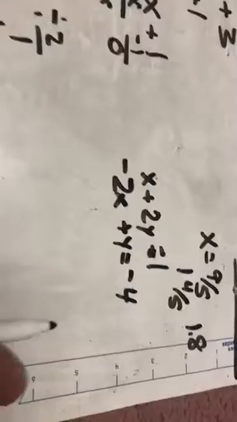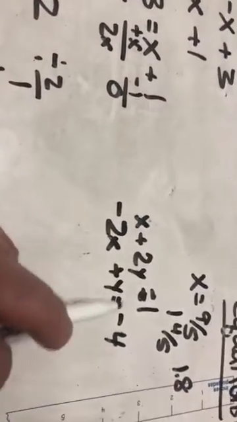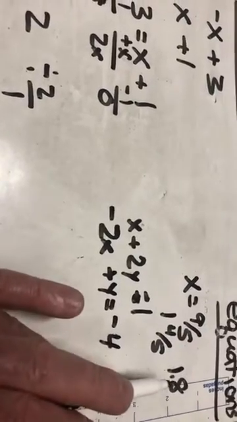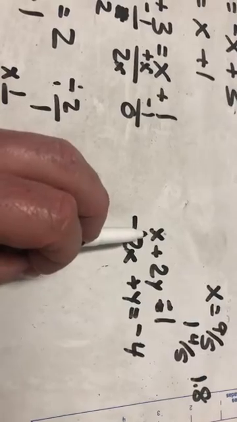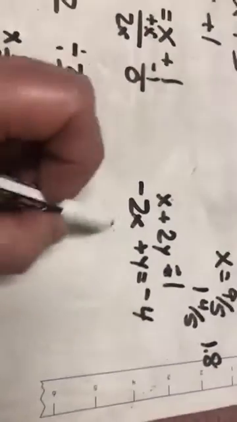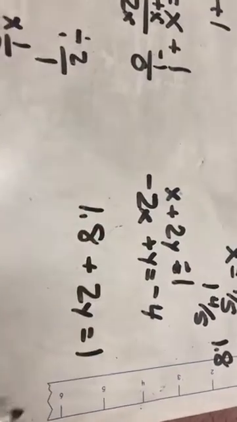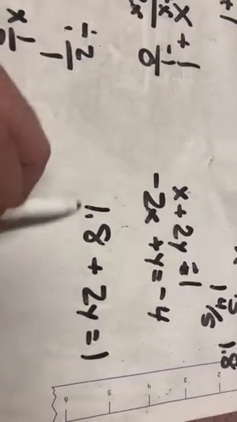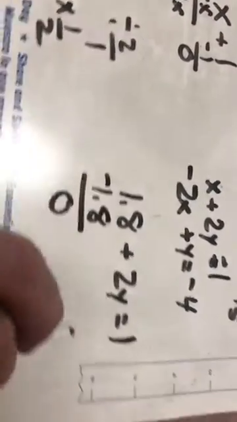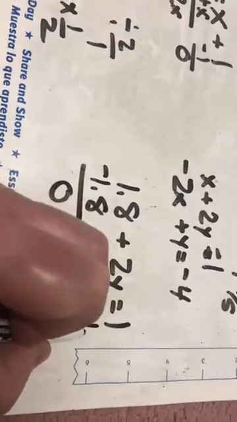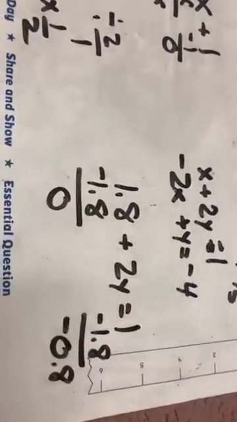All right, so let's think, what do I want to do? Here I've got some whole numbers. I'm thinking mathematically, it might just be easiest to use the decimal. So I'm going to plug in 1.8 for x, and I'm going to say, well, 1.8 plus 2y equals 1. Then I'm going to have to subtract 1.8 from both sides because I want to isolate 2y. So 1 minus 1.8 is going to give me negative 0.8.